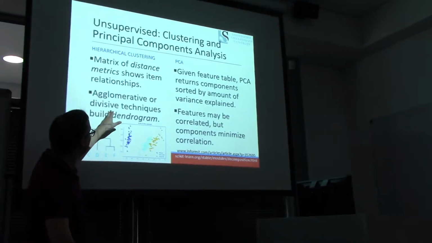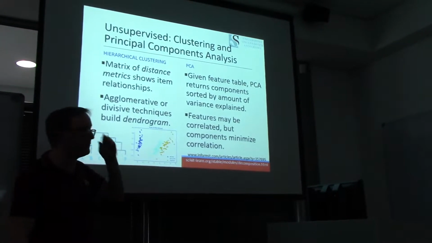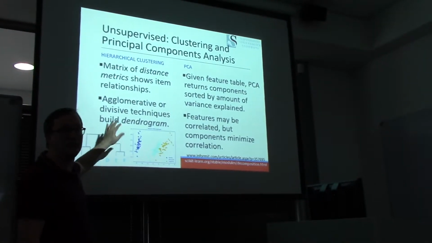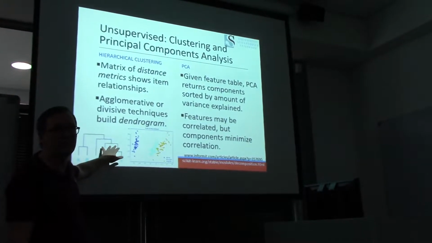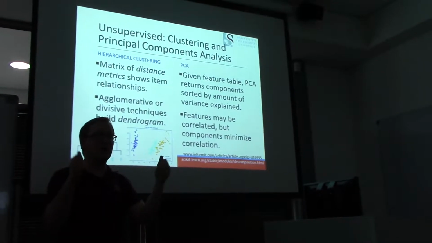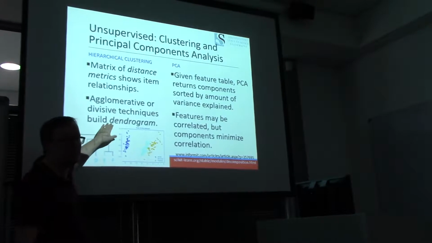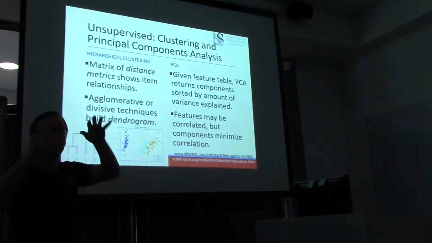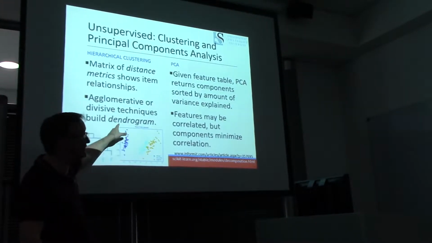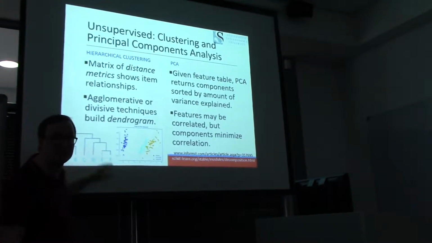That's an example of divisive clustering approaches. Okay, so this is how hierarchical clustering works. You need to have some way to say how close are any 2 samples in the mix, and you need to have some method for going from that matrix of distances to a dendogram, and you end up with one of these.